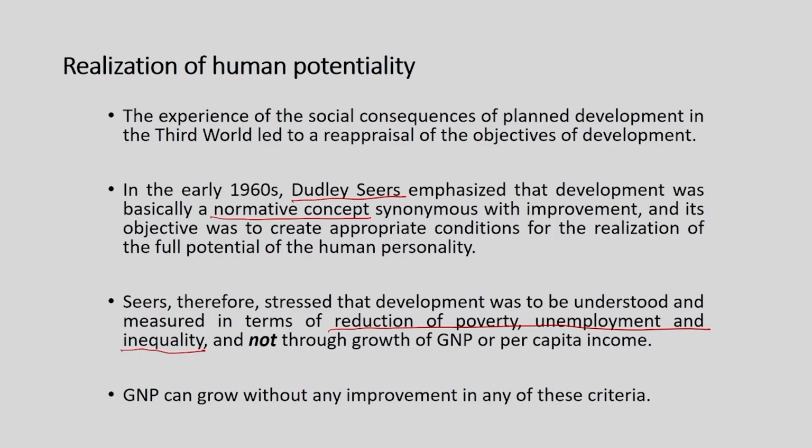Dudley Sears further argues that gross national product can grow without any improvement in any of these criteria. Gross national product, national income, per capita income, they may grow, they may increase without any improvement in the case of poverty, in the case of unemployment, in the case of inequality and so on. Okay? That is why human potentiality must be realized.